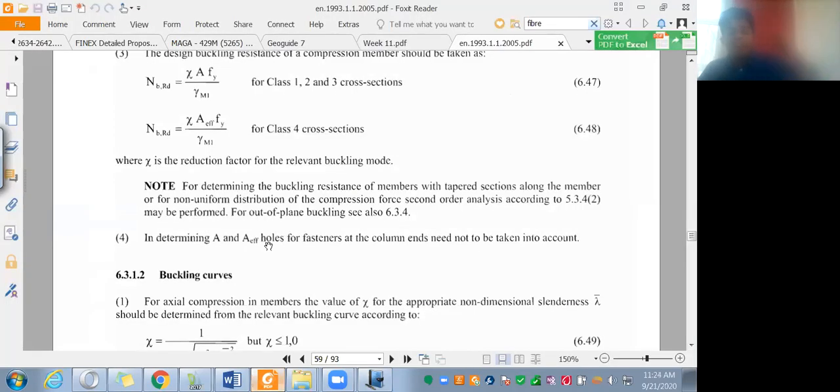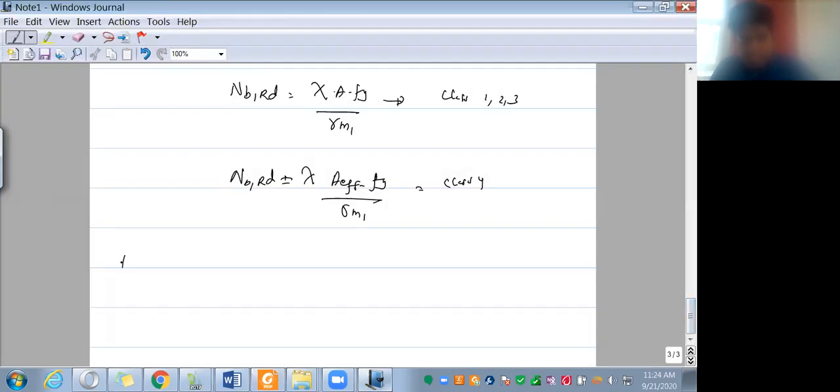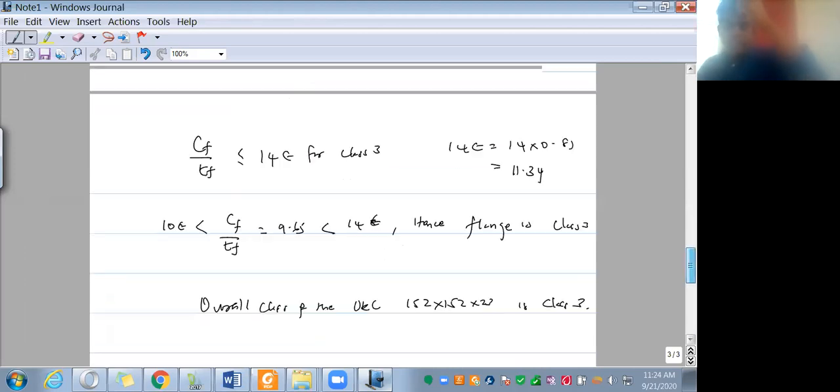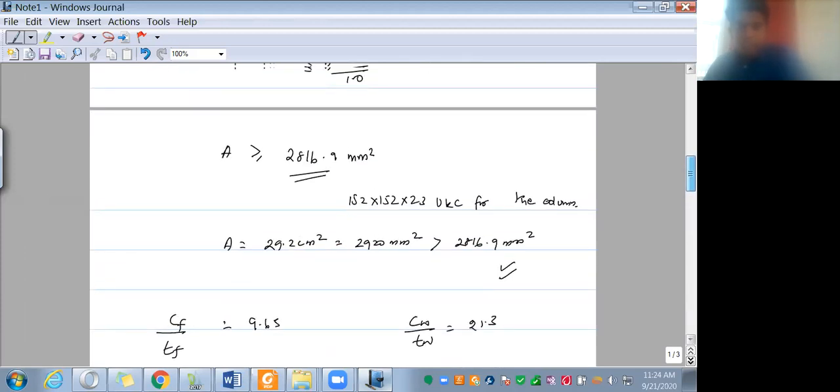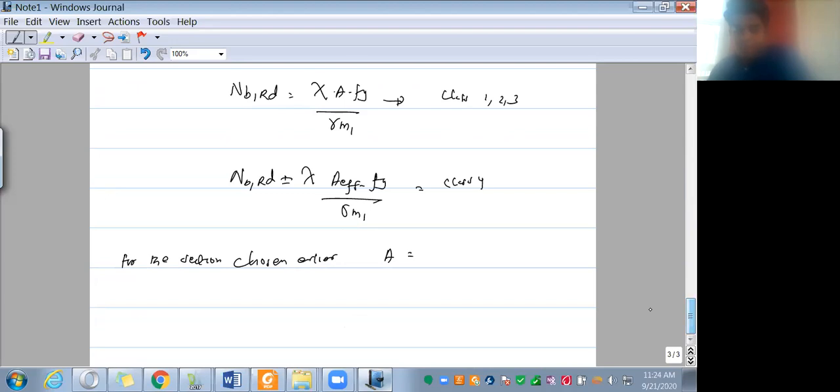Now we already have A, we have Fy, gamma M1 is 1. So we need to determine the chi value for the section chosen earlier. A, the gross area, is equal to the area we have chosen, that is 2920 millimeters squared.